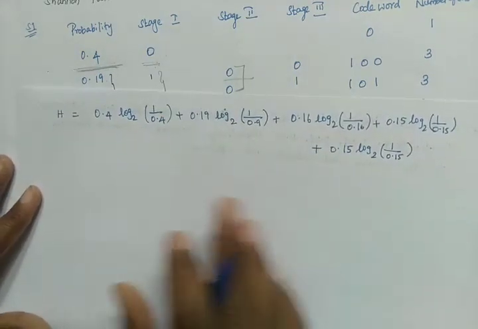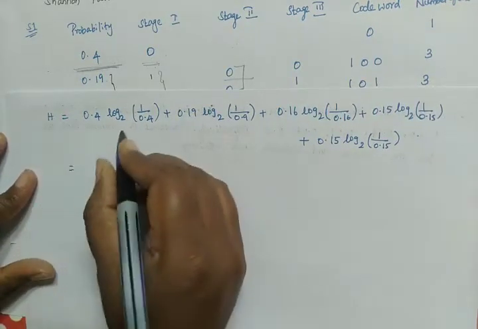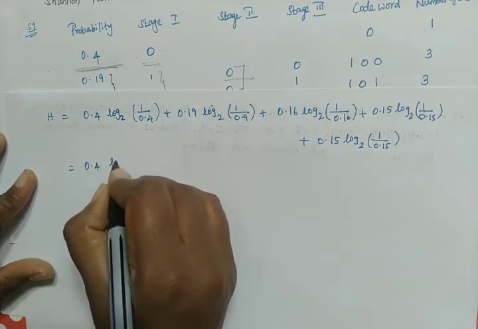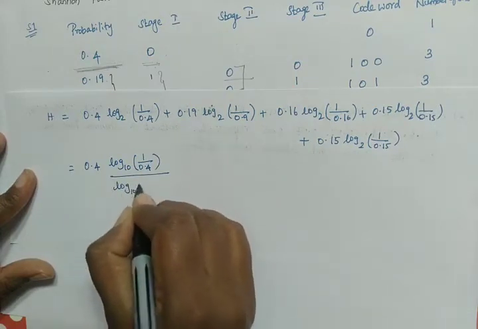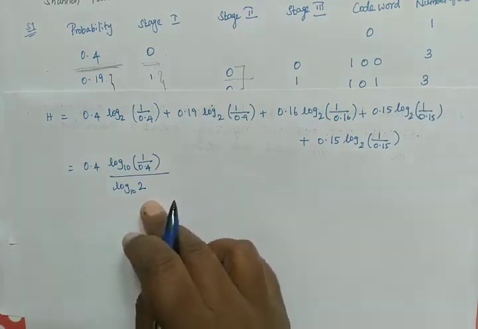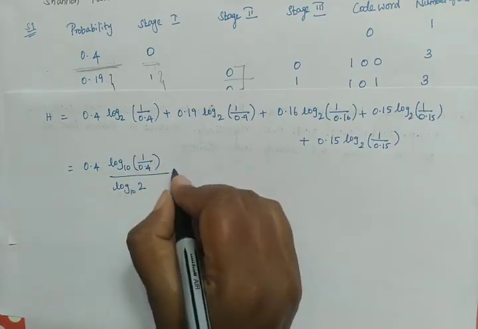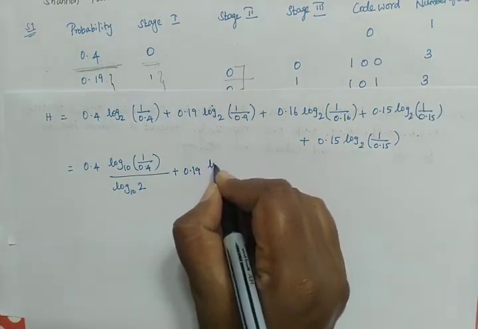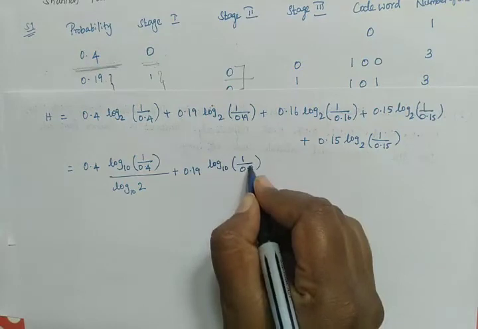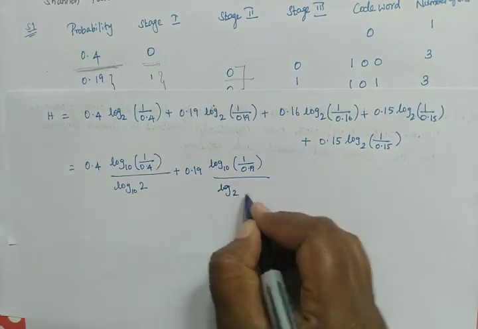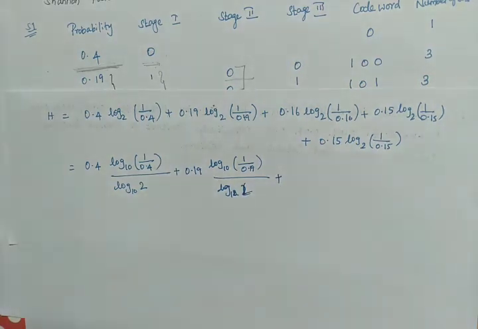Now, since this is log base 2, but in the calculator we can do log base 10 easily, we can change log base 2 to log base 10. How can we change this? Log base 10 of 1 divided by 0.4, divided by log base 10 of 2. Similarly, log base 10 of 1 divided by 0.19, divided by log base 10 of 2, plus similarly we write everything.